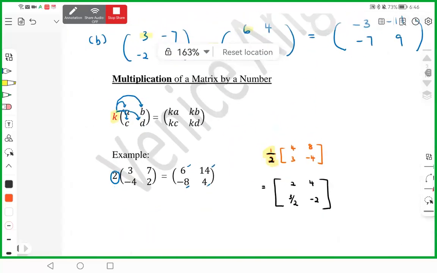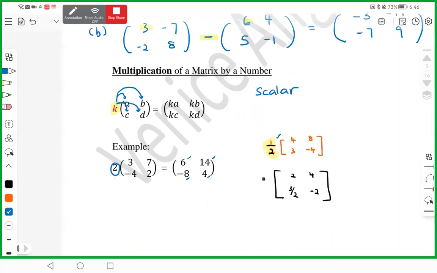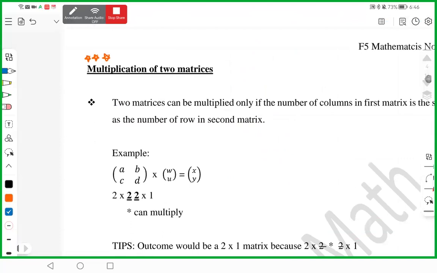This is what we call scalar. I don't say multiplication first. Scalar, like a scale. You multiply it, times it. Then the fraction, we must know it means divide. Divided by 2. Then only we go to multiplication.